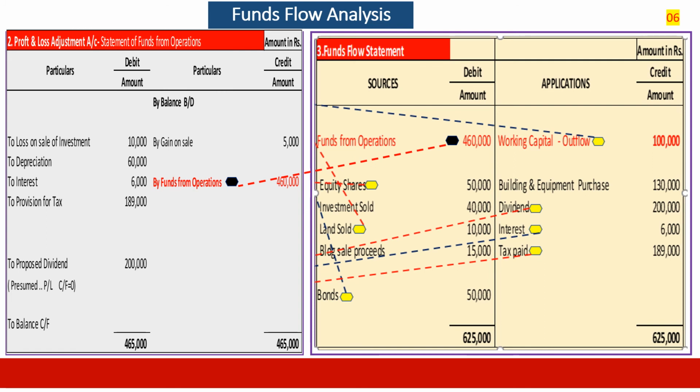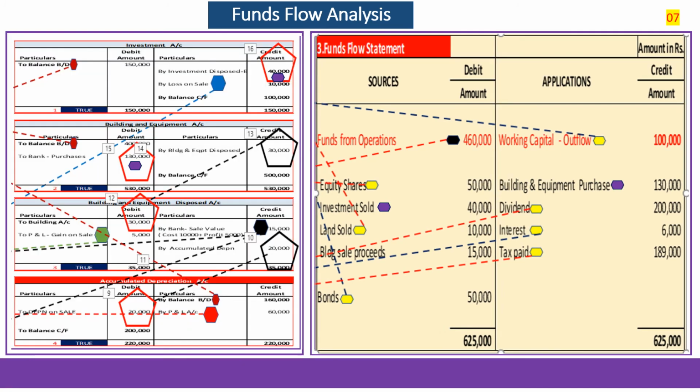Still we have got items to be posted. Building and equipment purchase figure has to be connected. For that we go to our adjustment account. We post the building and equipment purchase value. With that we have populated everything except one more item, building sale proceeds. Here investment sold is 40,000.